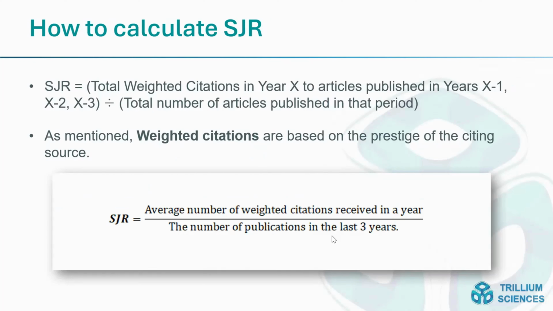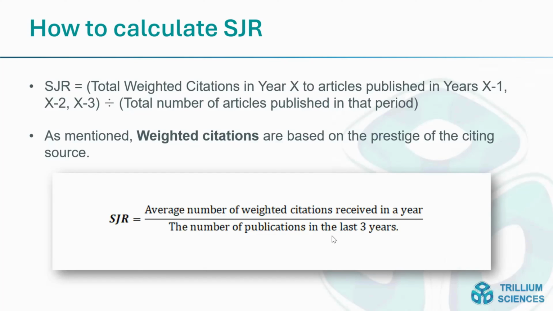So how do we calculate SJR? Again, it's more complex than the journal impact factor because SJR is based on total weighted citations, and this weight is determined by the committee responsible for SJR. So it's total weighted citations in a certain year, year X, to articles published in the 3 previous years, X minus 1, 2, and 3.